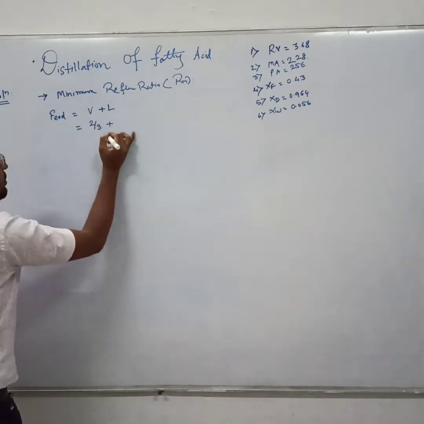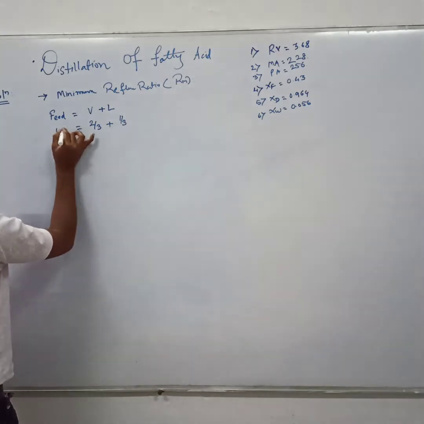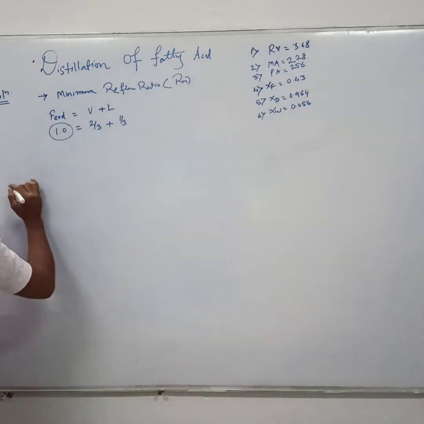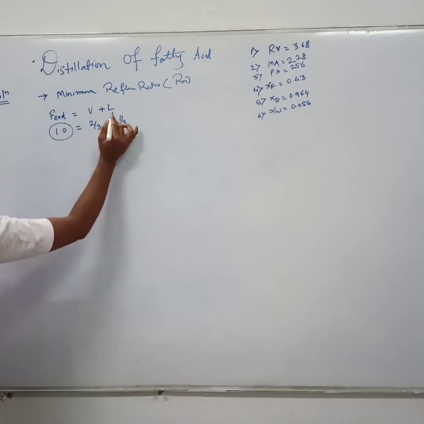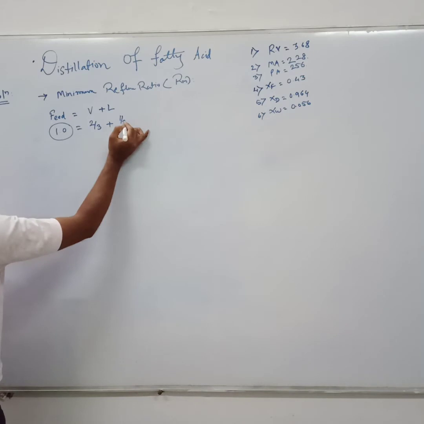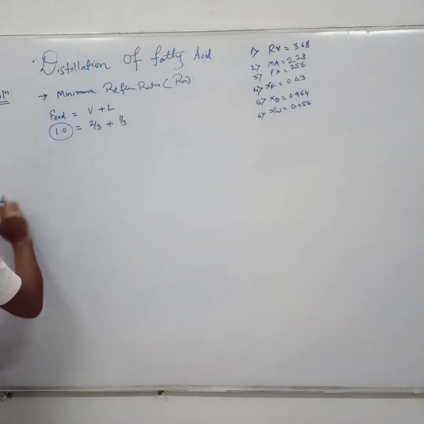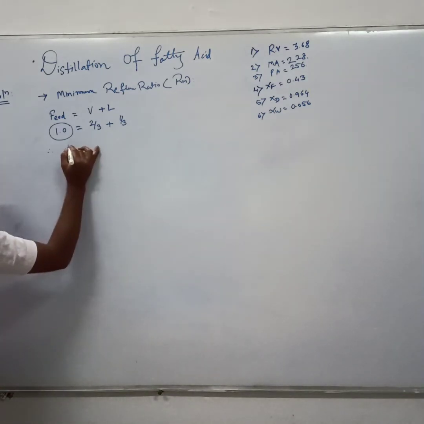How much vapor? 2/3 part is vapor and 1/3 part is liquid. When we calculate it, we get the value 1 plus 1.0. So this is our actual complete feed. We get 2/3 vapor in our feed and 1/3 part liquid in the feed. The part of liquid present in the feed is denoted by small q.